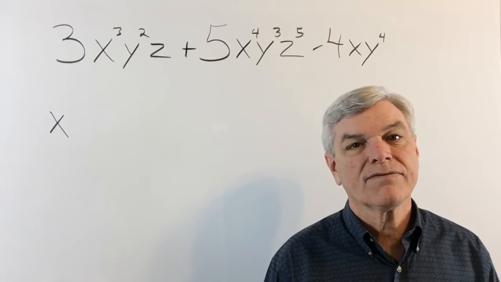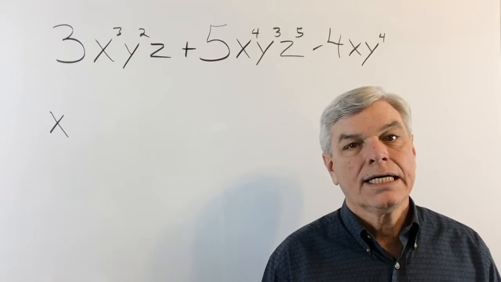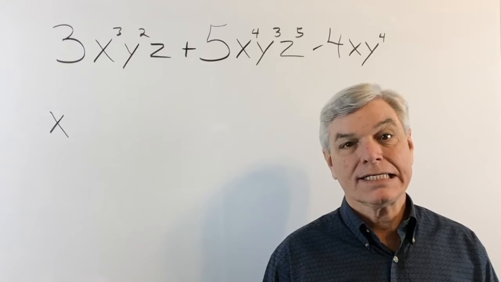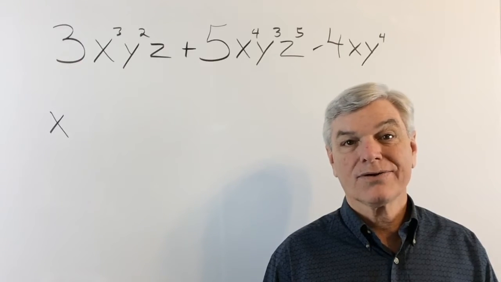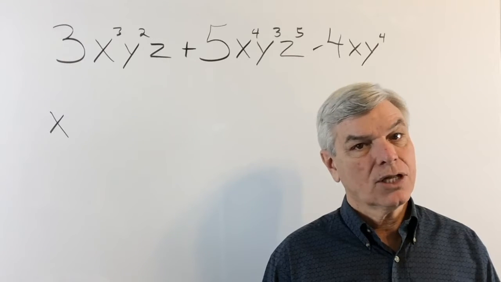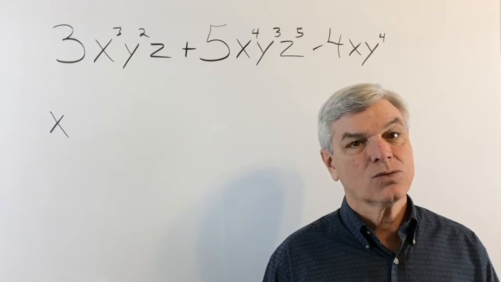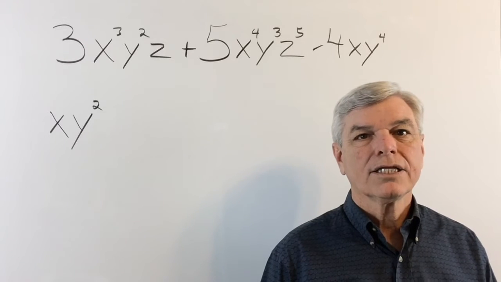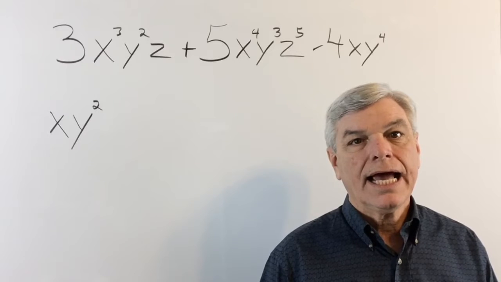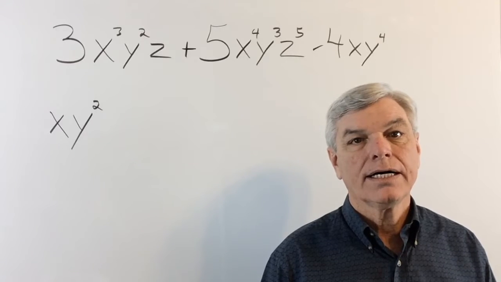Well, the lowest exponent for x is 1, or the highest exponent that is common to all 3. See, you can say that both ways, the lowest or the highest. It's kind of confusing, but the lowest exponent for x is 1. The lowest exponent for y is y squared, and there is no lowest exponent for z.